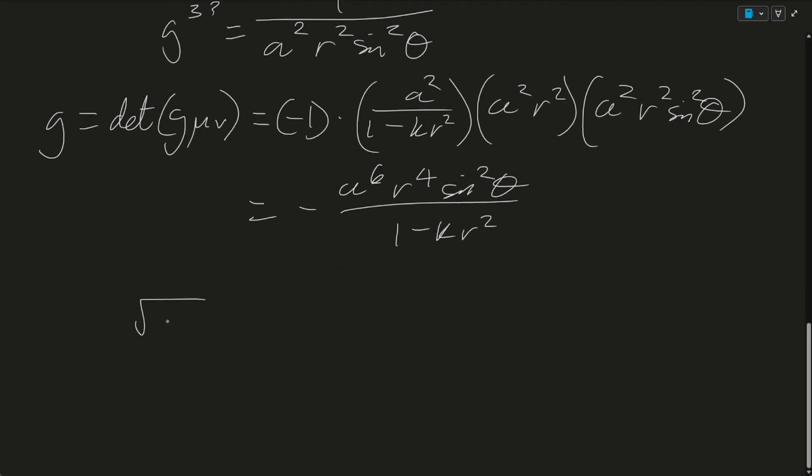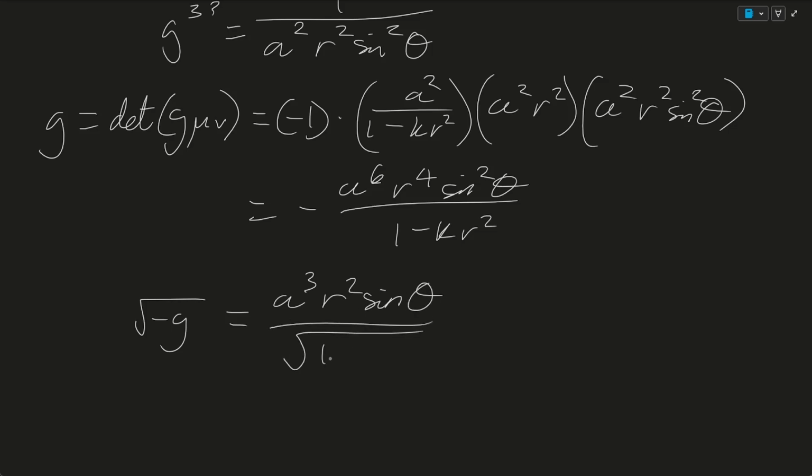And the thing that we care about, root of minus g, is then equal to a cubed r squared sine theta over root 1 minus k r squared.